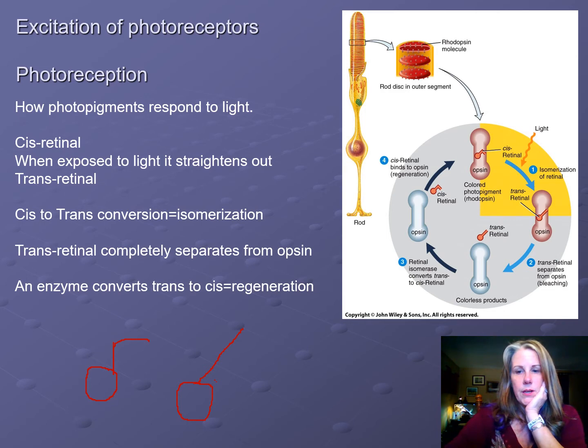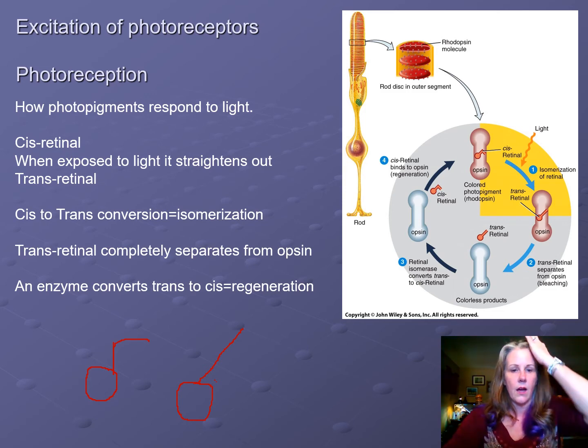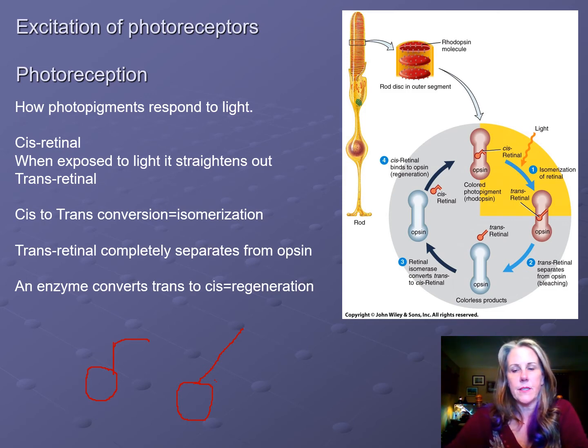And this is where we are here, okay? We're still in the light. So as the light stays on, and we'll see here, what happens is it's been absorbed. Now the light has been absorbed. Molecularly speaking, what has happened is the light has triggered a change in the shape of a molecule, the pigment.